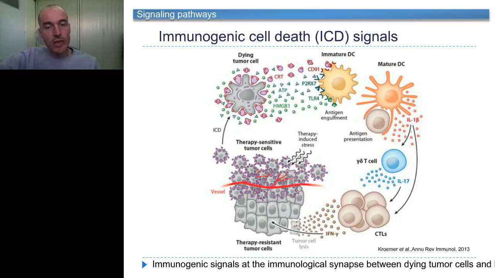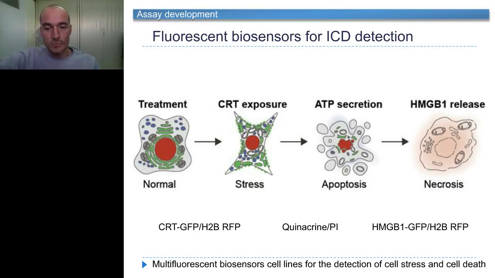This tumor lysis then, as it is a specific anti-cancer immune response, helps to destroy dormant tumor cells or tumor stem cells that have slipped the initial therapeutic approach.